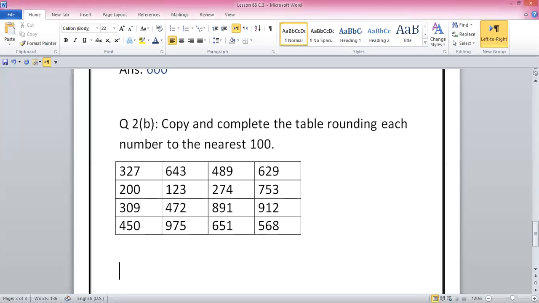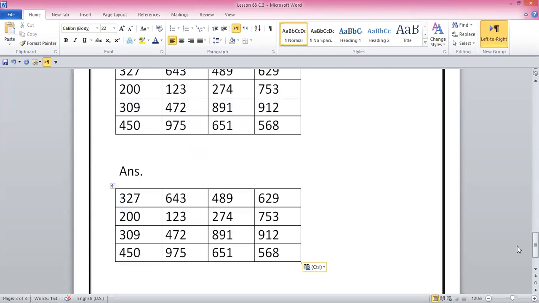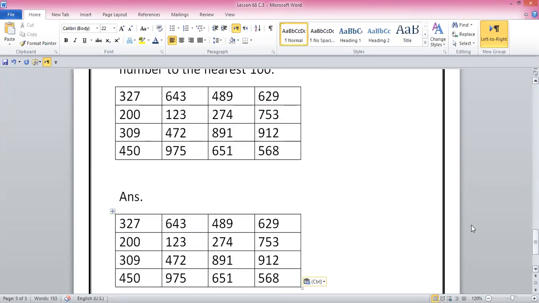Yes, we have to round these to the nearest 100. Very good. Guys, now we have to round these numbers to the nearest 100. No problem. We will finish it.